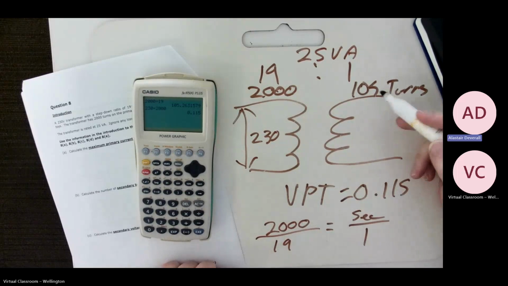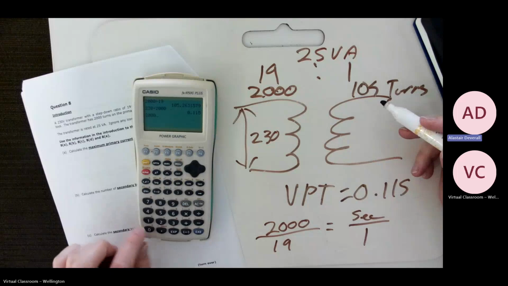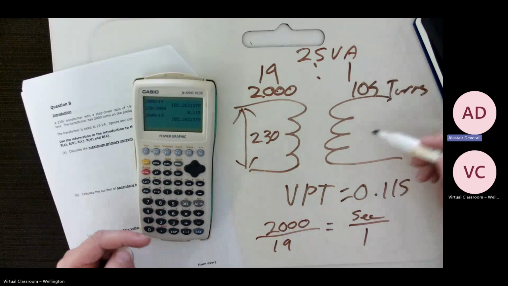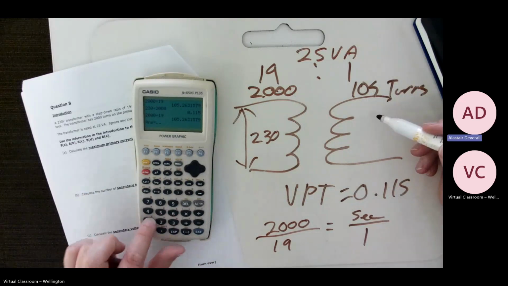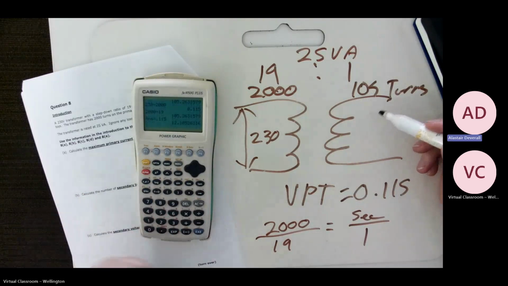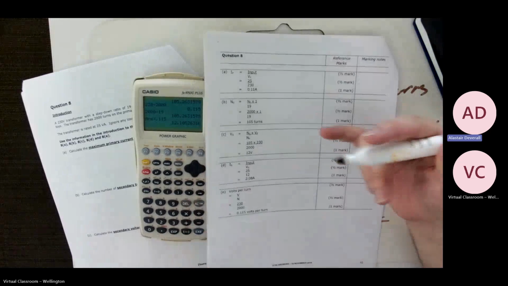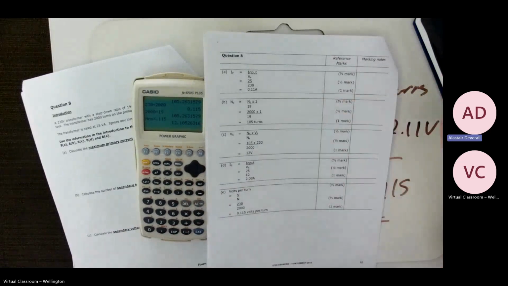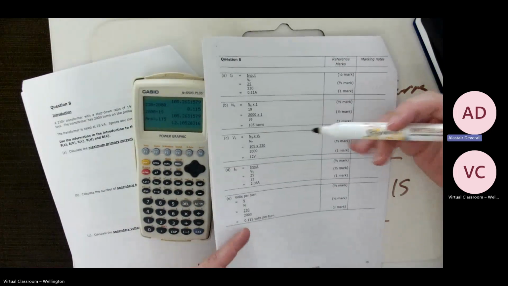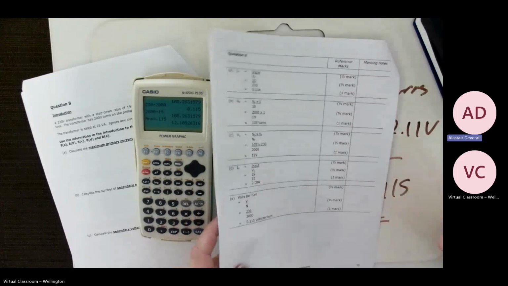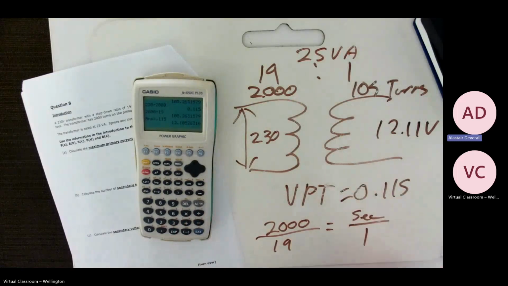Now, if our ratio is 2,000 divided by 19 to give us the number of turns we have on a secondary, we multiply that by 0.115, we get 12.105, so 12 volts. If we look at the answer sheet, they had it at 12 volts. So measurement error, rounding error, I should say.